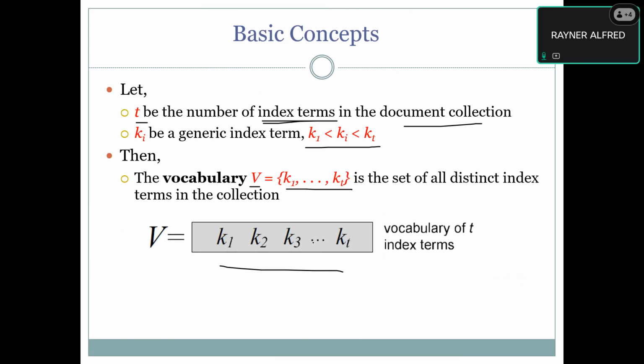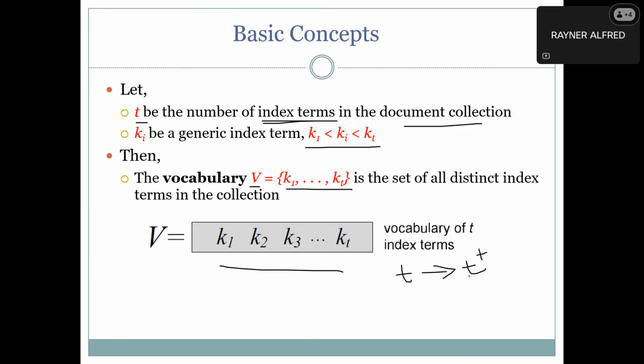Okay. So that's why when I said we want to represent a document using keywords, right? We do not want to use up so many keywords to represent a single document, because if we have 1,000 documents, then each one of them will have different keywords, then our list will be larger, our T will go bigger.